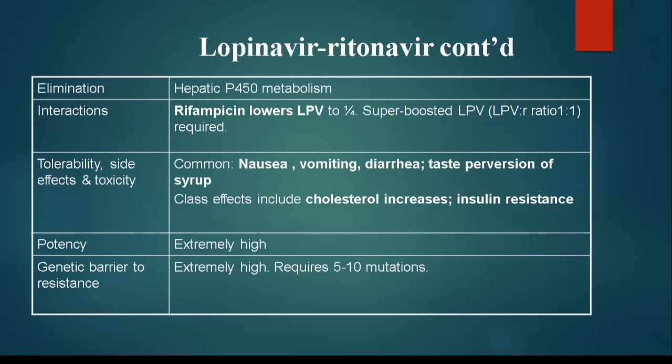So some of the toxic effects of this drug are that it increases the amount of cholesterol in the body and increases insulin resistance. That is what we can talk about when we look at lopinavir/ritonavir.